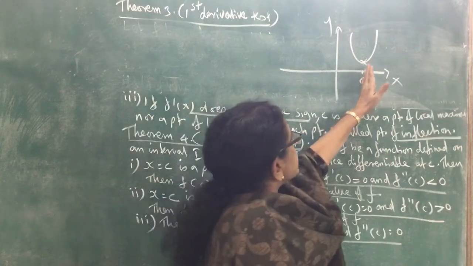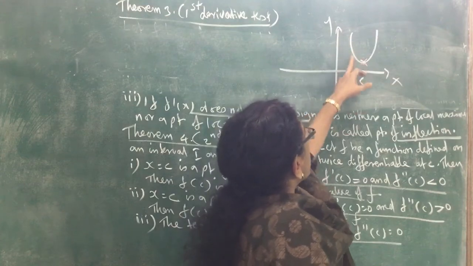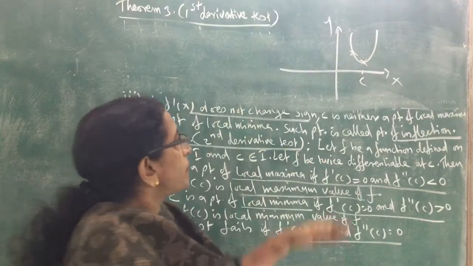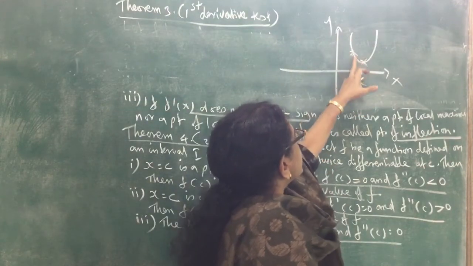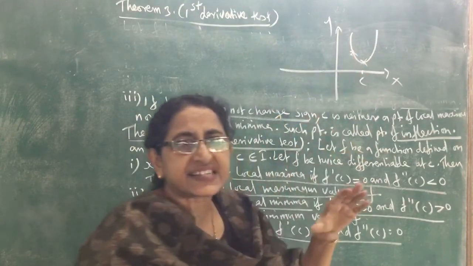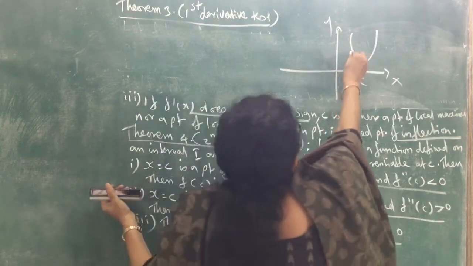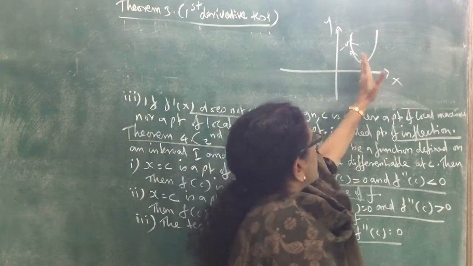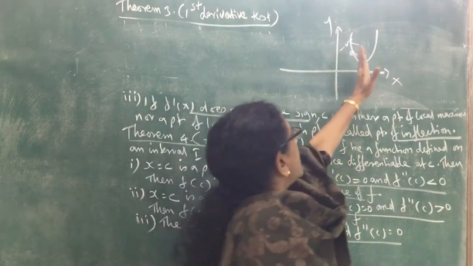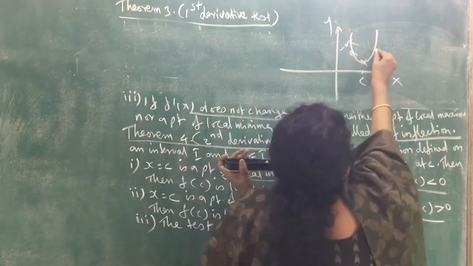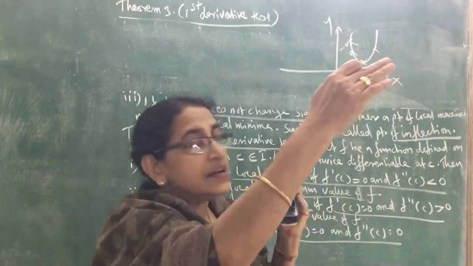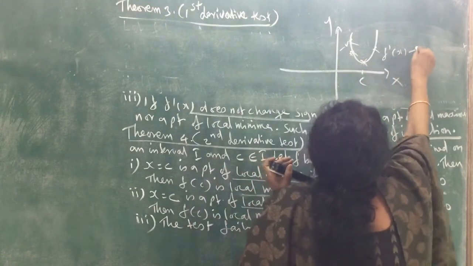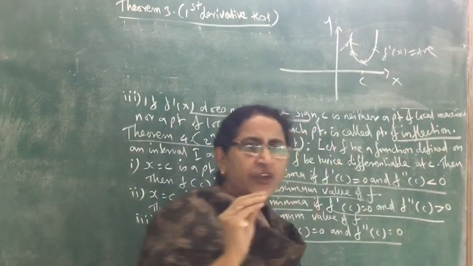When x is less than c, before the point c, the function is decreasing, so f dash x is less than 0, negative. After the point x equal to c, the function is increasing.